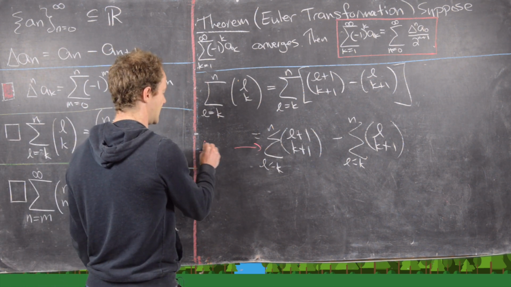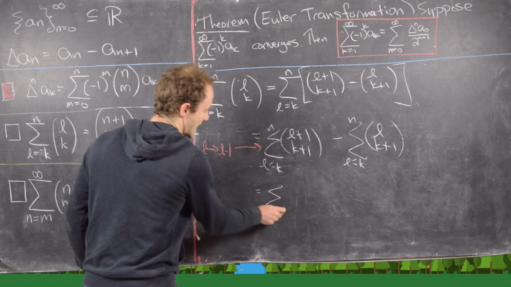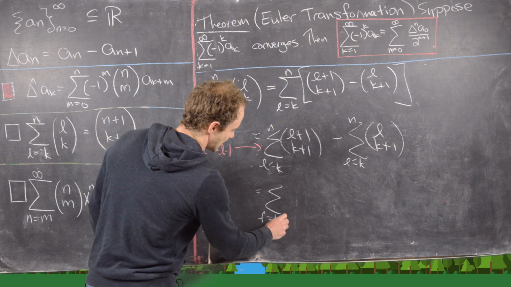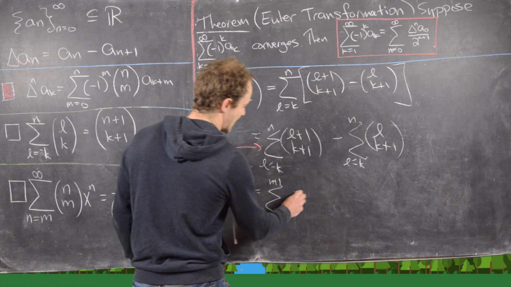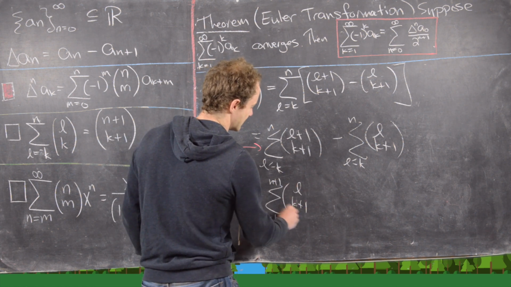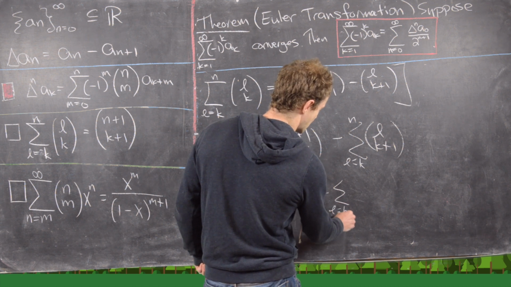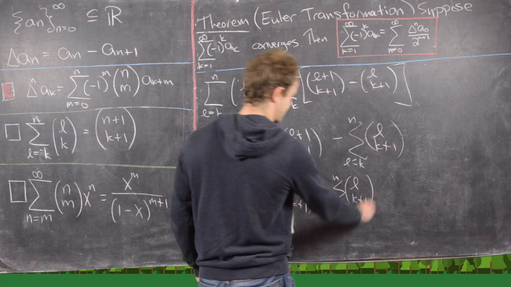So here L is going to turn into L minus 1, and that's going to change this to start at L equals k plus 1 and end at n plus 1. And now I'm going to have L choose k plus 1, minus the sum L equals k to n of L choose k plus 1.